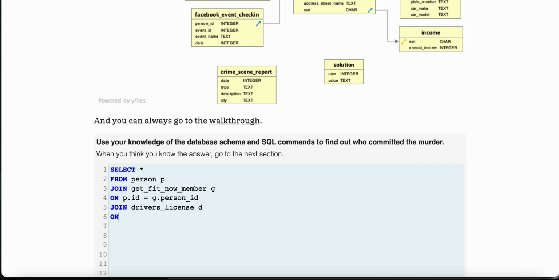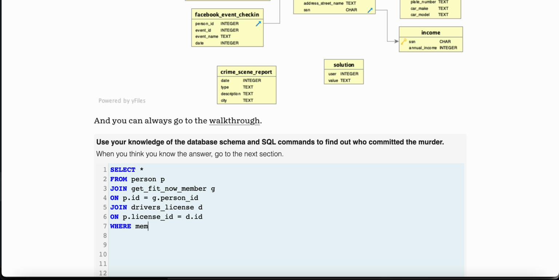So we are joining on P dot license ID is equal to D dot ID. So now where are we joining it from?